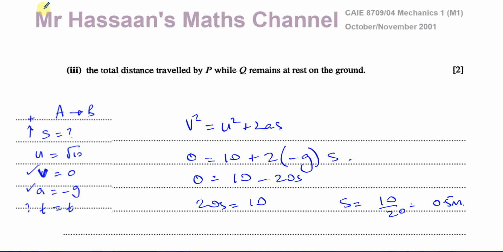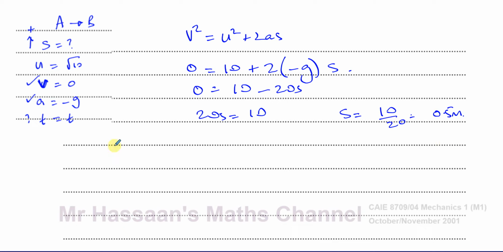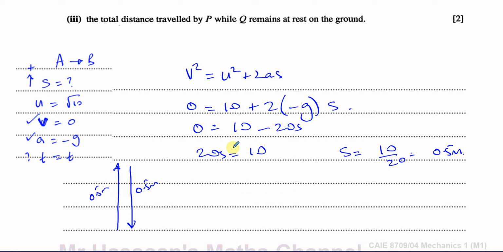So we've got to take this distance s, and think about going up, and then coming down again. So 0.5 meters up, 0.5 meters down. So we can say that the total distance traveled by P while Q remains at rest on the ground is equal to 2 times 0.5 meters, which is 1 meter.